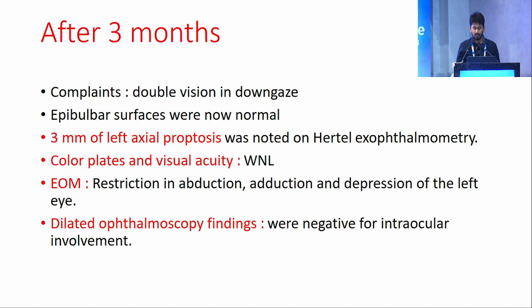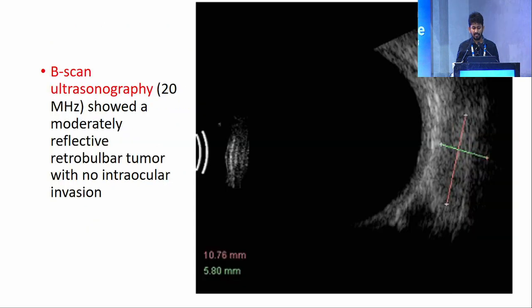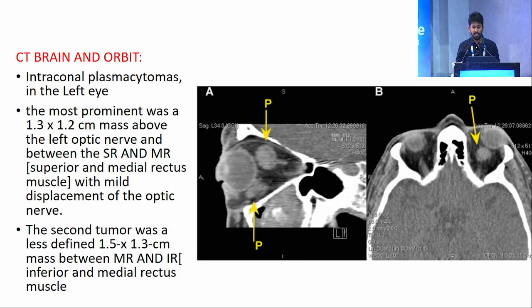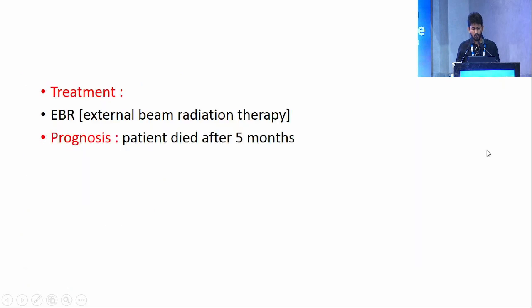On evaluation, we saw a retrobulbar tumor, but there was no intraocular extension. CT showed intraconal plasmacytomas, one between the superior and medial rectus, and another between the medial and inferior rectus. She was given the combination treatment and it subsided, but she died after 5 months.